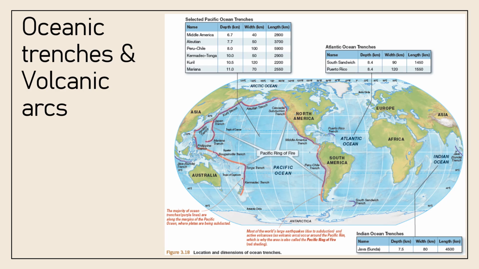We have all along these margins convergent margins along the Pacific Ocean, right? Sometimes this is also called the Pacific Ring of Fire because of the intense volcanic activity along these margins. The majority of the ocean trenches, the purple lines indicated in this figure, are along the margins of the Pacific Ocean where plates are being subducted.